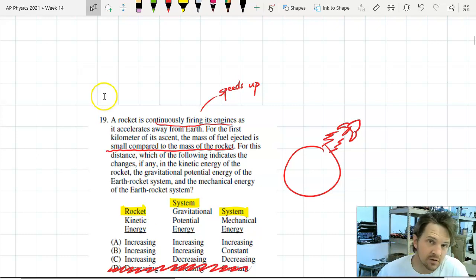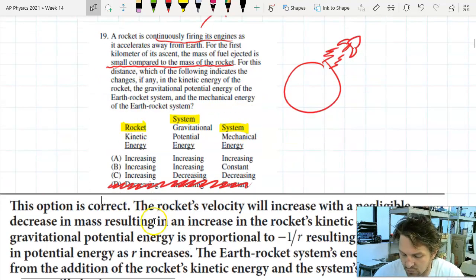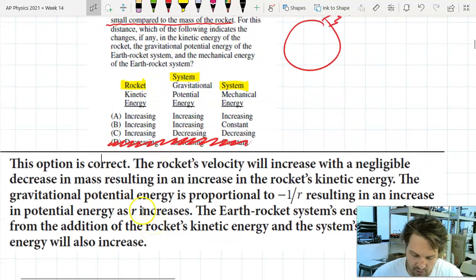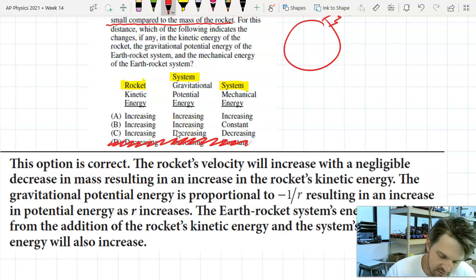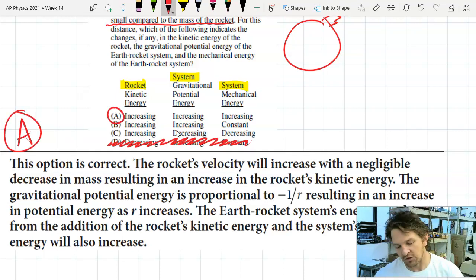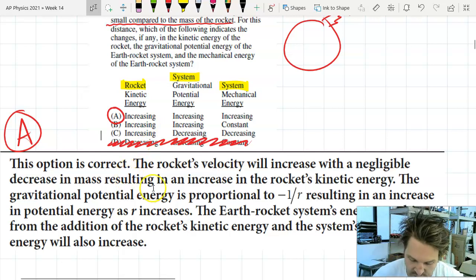Now the rest of these can be explained a little better with the actual rubric. So I'm going to put that right here. The correct answer is A. Okay, and this one, the explanation, the gravitational potential energy is proportional to -1/r, resulting in an increase in potential energy as r increases.